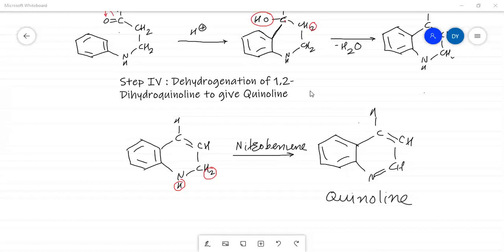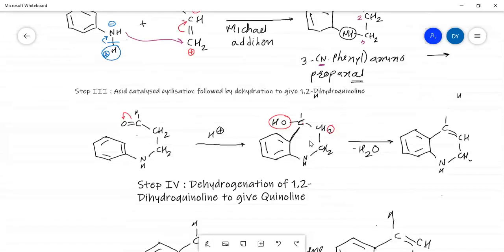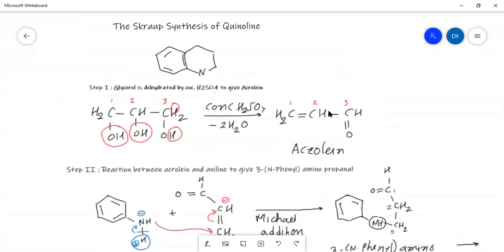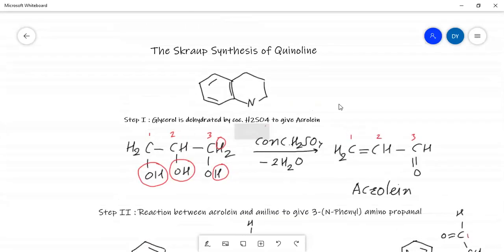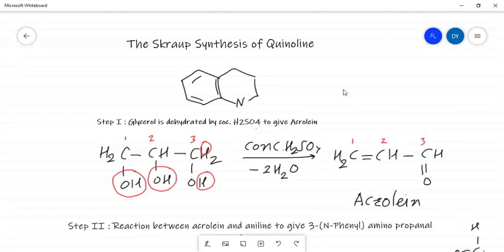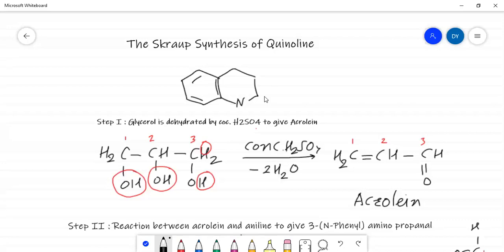Now again, I revise all the steps. As you know, we started with the Skraup synthesis of quinoline. Skraup is the name of the scientist. Here one thing is left: I do not show these two double bonds. Okay, so this is the quinoline, and this quinoline we are going to prepare by using a total of 4 steps.